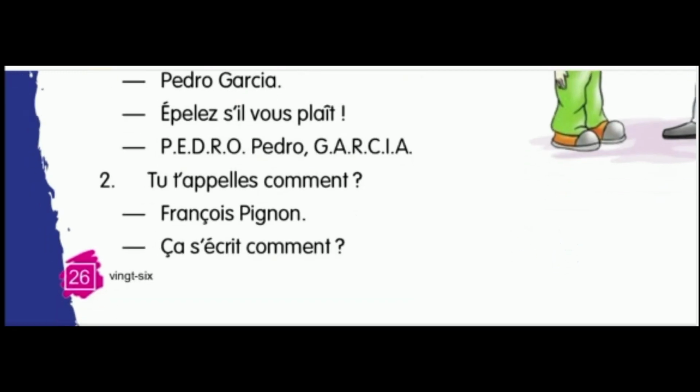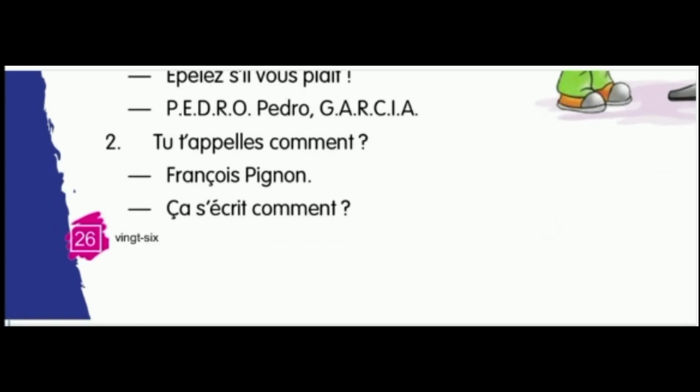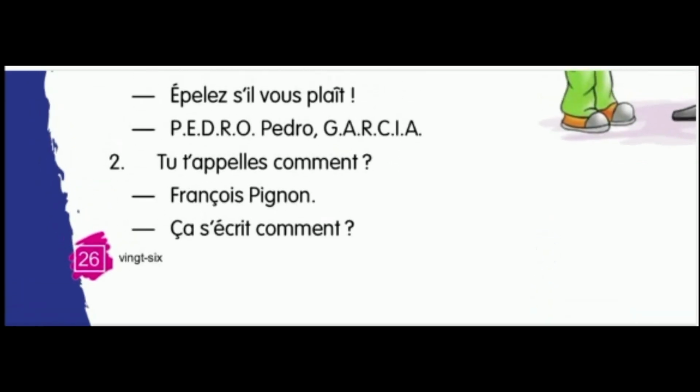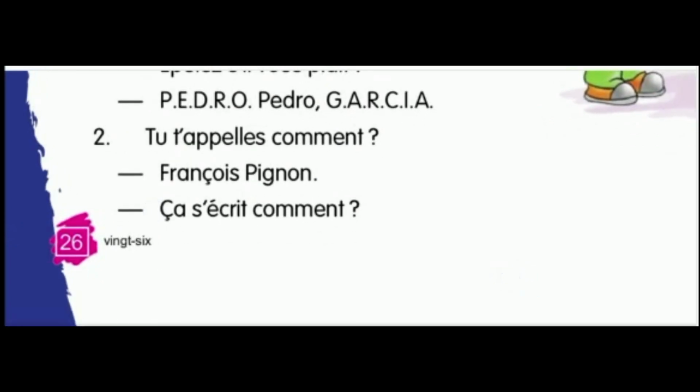Pedro Garcia, which is P-E-D-R-O, Pedro. G-A-R-C-I-A, Garcia. Now, tu t'appelles comment? What is your name? And that is François Pignon. Then we have ça s'écrit comment, which is how do you spell it?